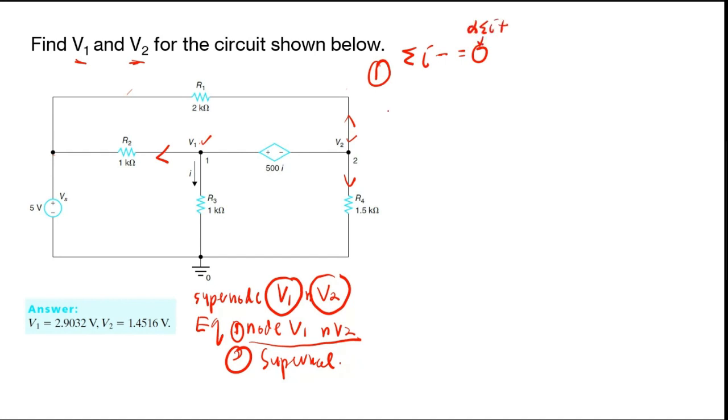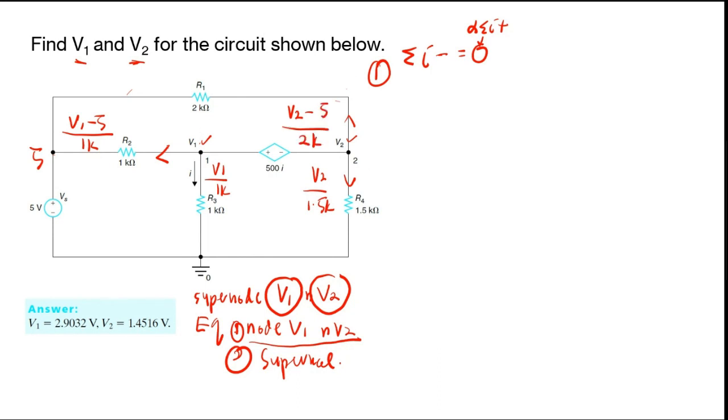So let's do this equation for these current directions, where you know that here is 5. So you will have V1 minus 5 over 1K. And for these directions, you will have V1 over 1K. And for this, you have V2 over 1.5K. And for these current directions, you will have V2 minus 5 over 2K.